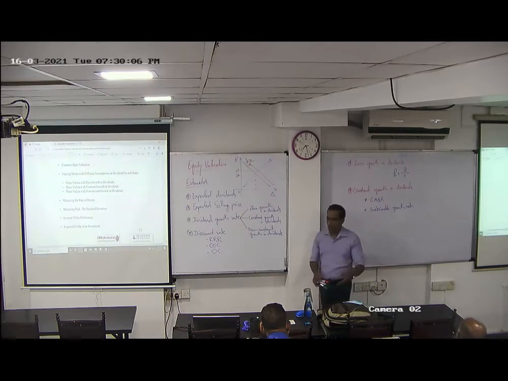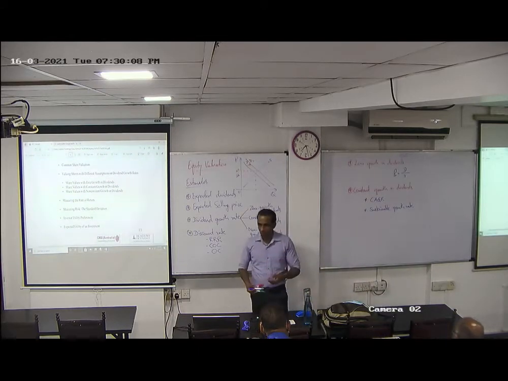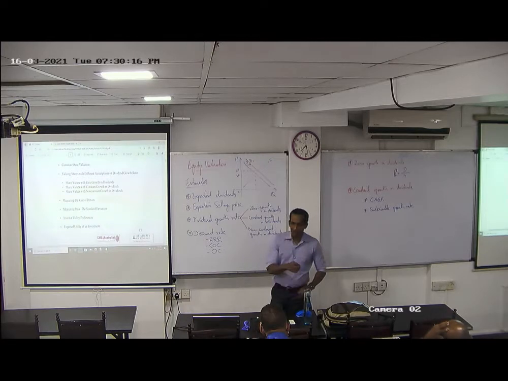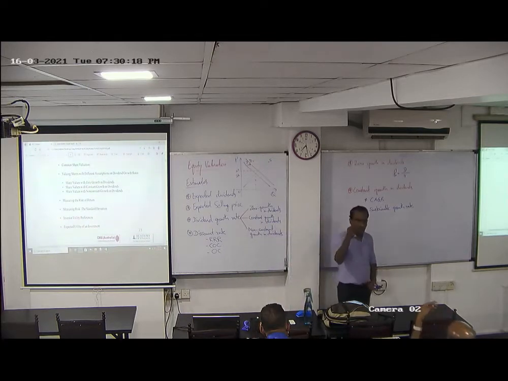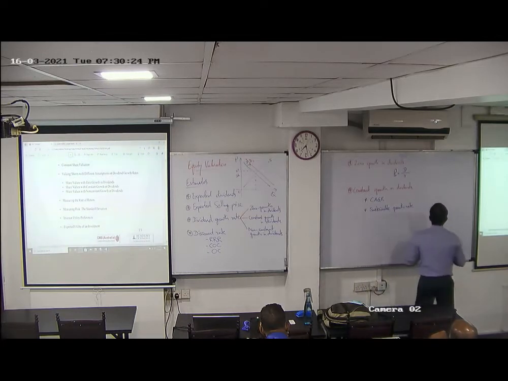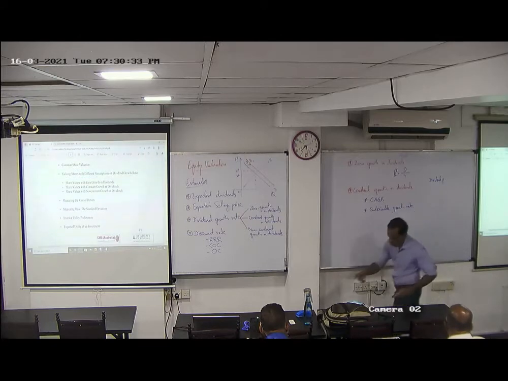When they make a profit for a particular year, they pay dividends. Out of the profit, what is the percentage paid as dividend? So you calculate dividend divided by profit. That is the dividend payout ratio.